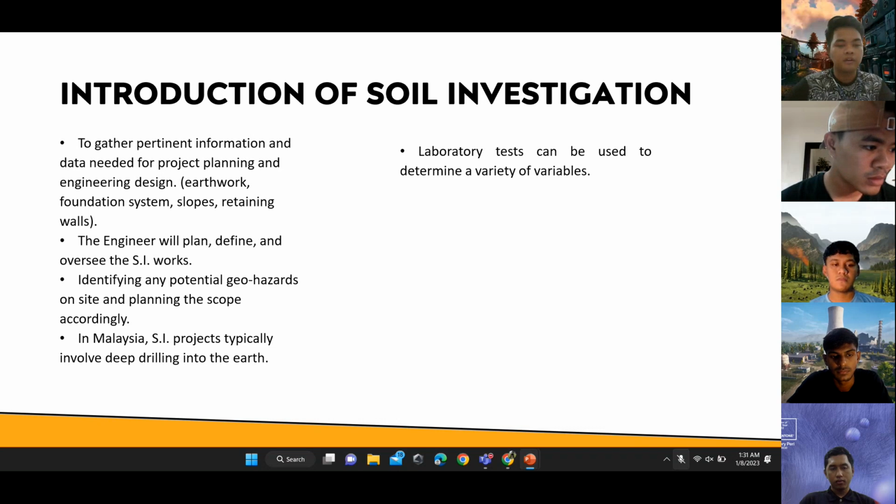SI is for soil investigation. Point three, identify any potential geohazard on the site and plan the scope accordingly. For the initial SI project, especially, drilling into the earth for 4 meters from the ground level. We can get tests that can be used to find a variety of variables.